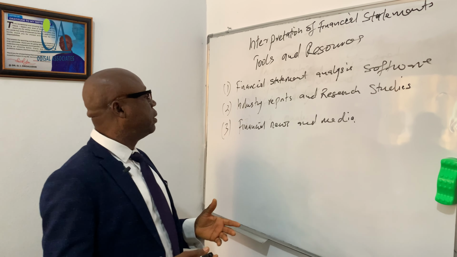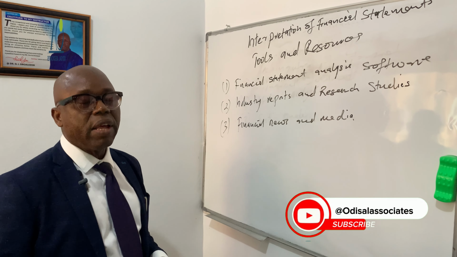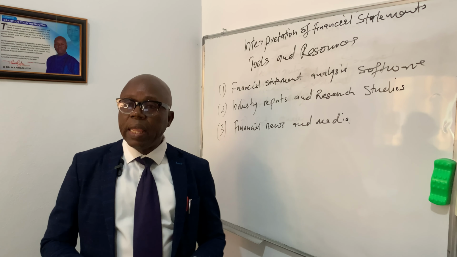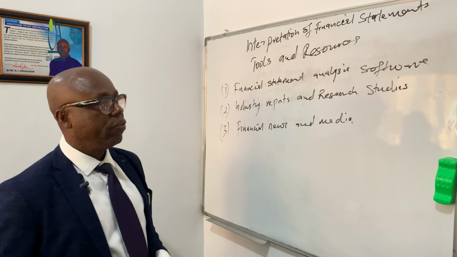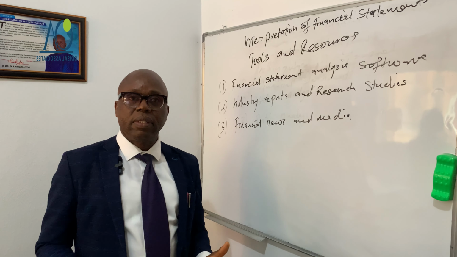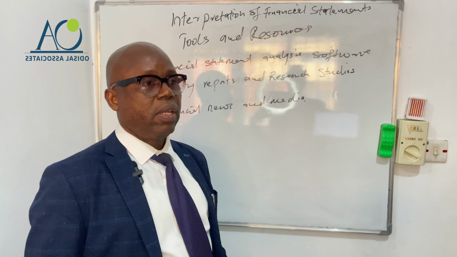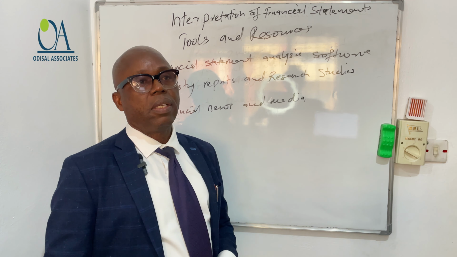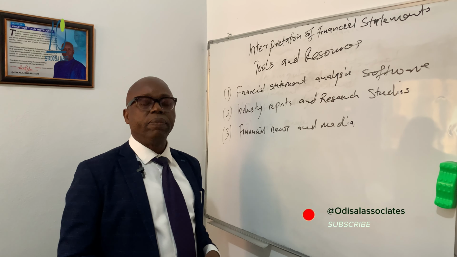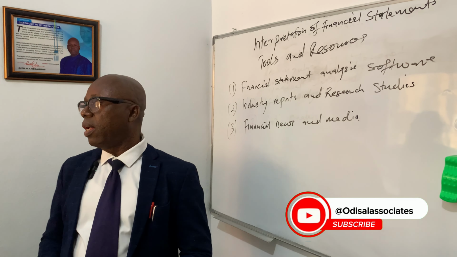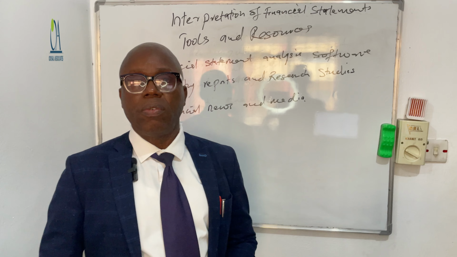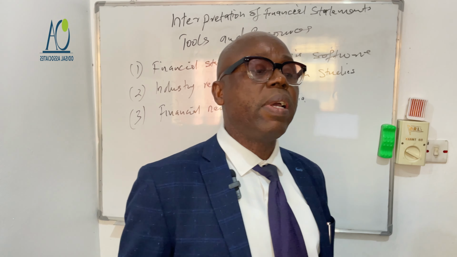Financial news and media is a very important resource in interpreting financial statements, as these come directly from the companies, the reporting entity. So it will be easier to use them. These are part of the resources and tools that are needed for financial statement interpretation.